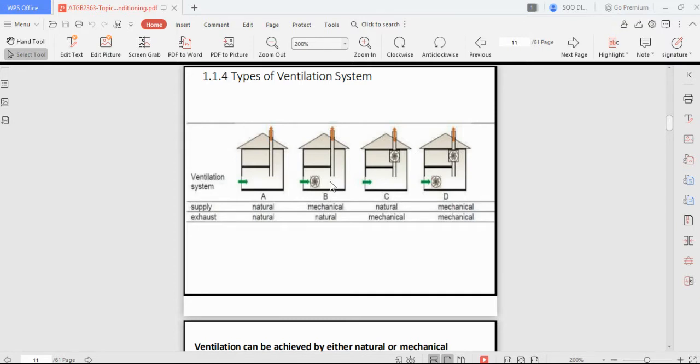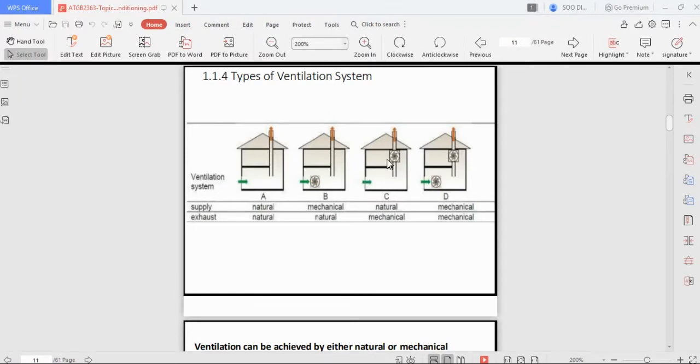So this is how the mechanical ventilation system works. When air is going in, the pressure inside will be high. Because the pressure inside is higher than the outside, this will force the air to be extracted out from the room. Likewise, it is the same case in C, which is natural supply and mechanical exhaust. As the fan is pulling the air out of the room, this will cause a low pressure in this room.